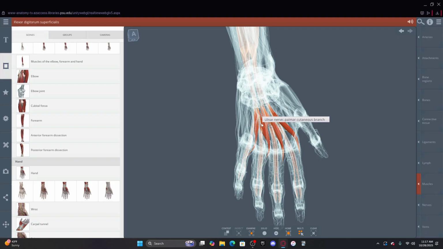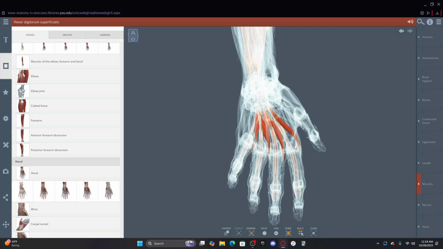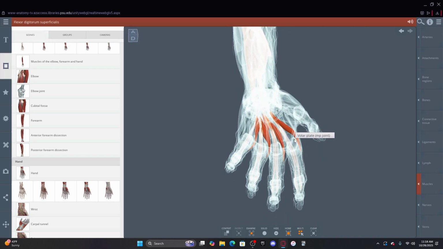And they go from the tendons of flexor digitorum profundus to the extensor expansions from extensor digitorum. They're anterior to the metacarpal phalangeal joints and posterior to the interphalangeal joints.